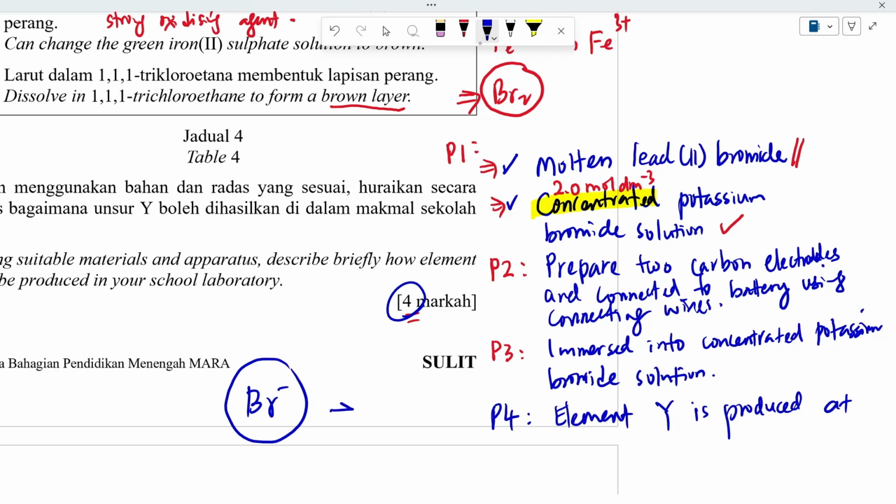Bromide undergoes oxidation, from -1 to 0. Oxidation, so at the anode. So remember.